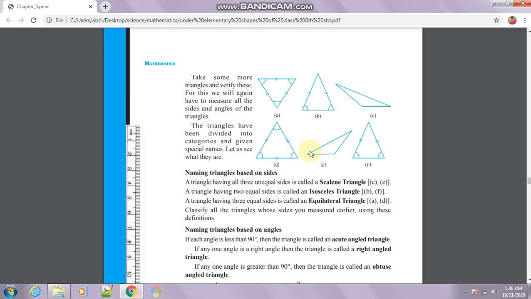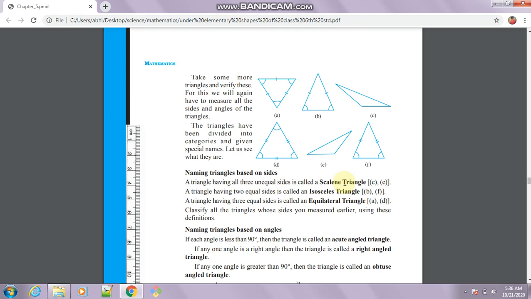So all the sides are unequal. By taking your scale, if you measure this side and this side, all the sides are unequal. That is represented as a scalene triangle. Scalene triangle means all the sides are unequal.